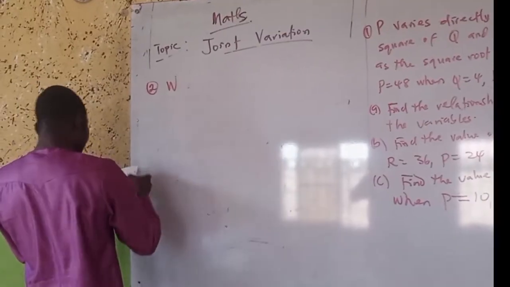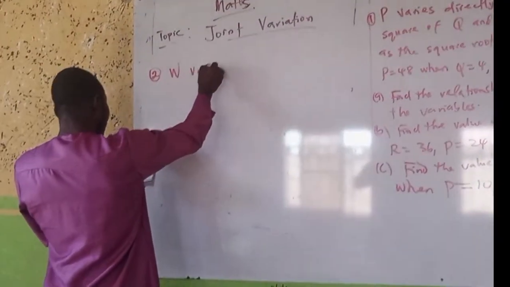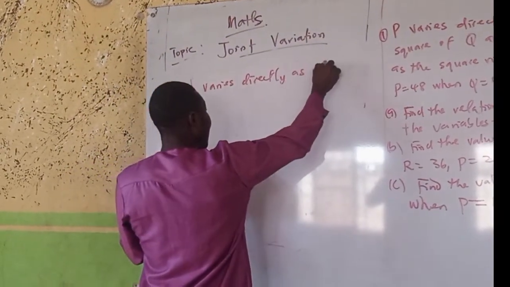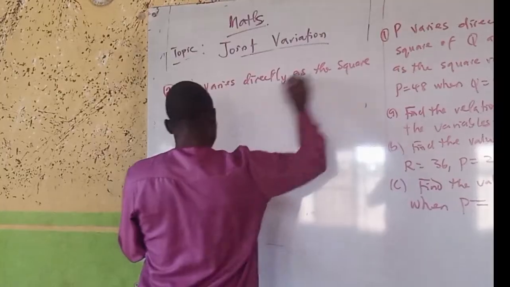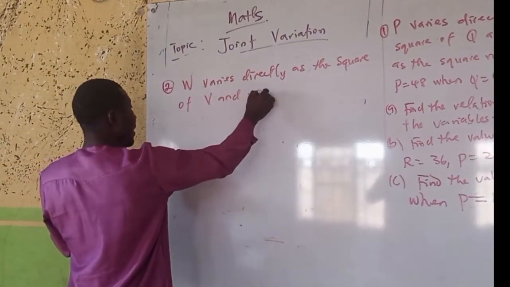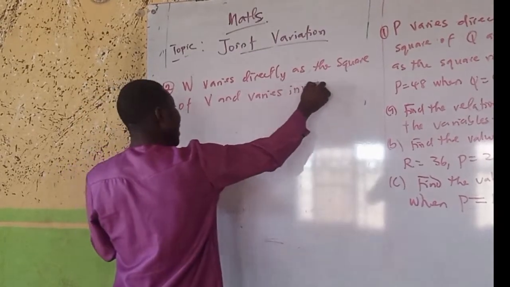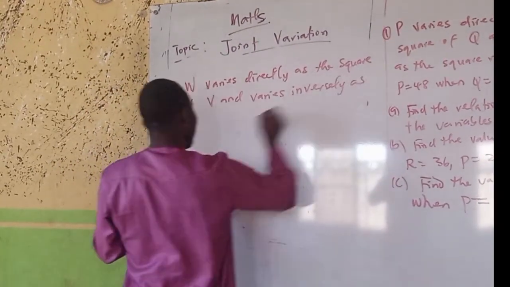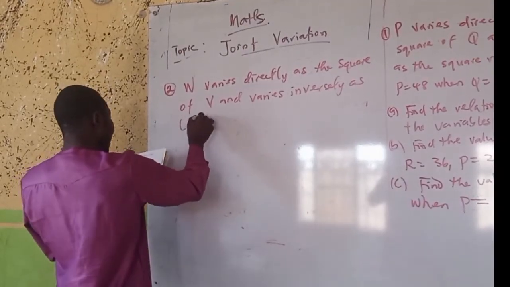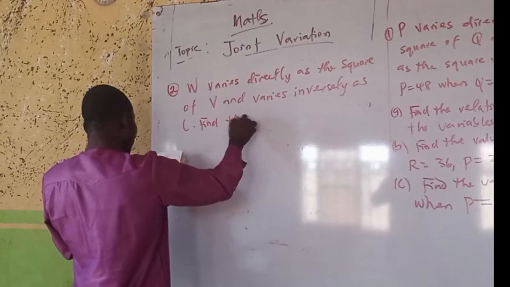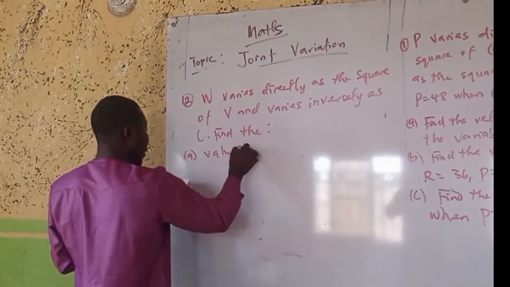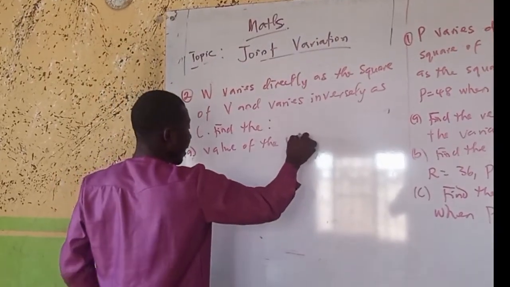Question number 2 says, if W varies directly as the square of V and varies inversely as L, small letter L, find: question A, the value of the constant.